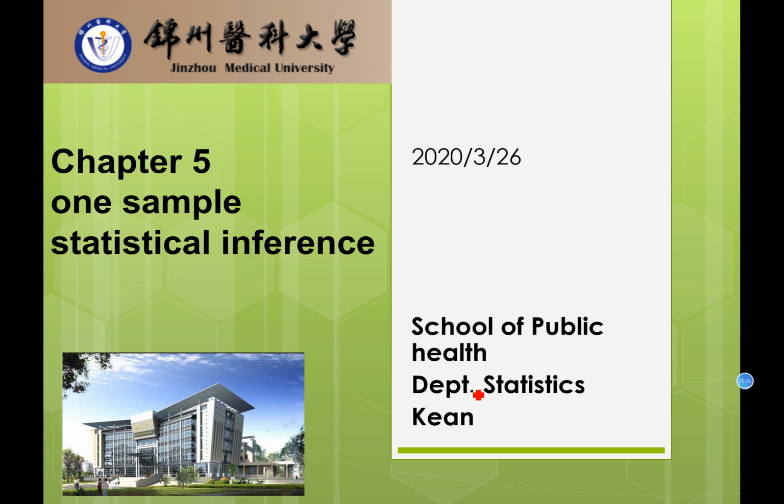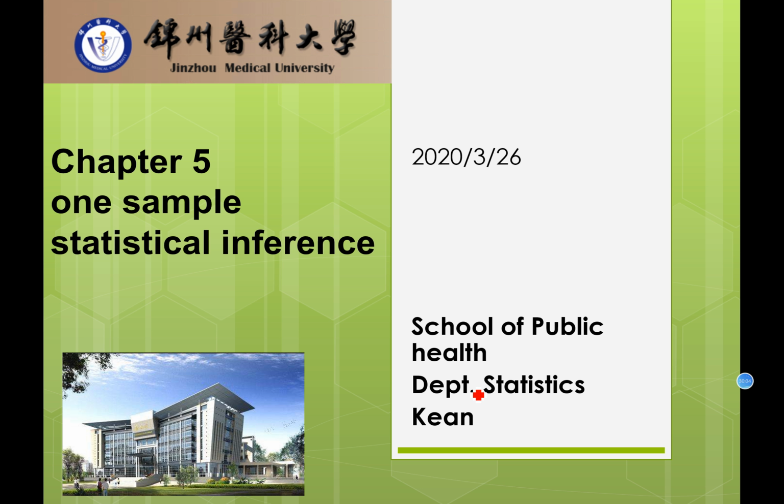The title for chapter 5 is One Sample Statistical Inference. We already know that there are two methods in statistical inference. The first one is estimation, and the second one is hypothesis testing. So here we will talk about these two methods in chapter 5.